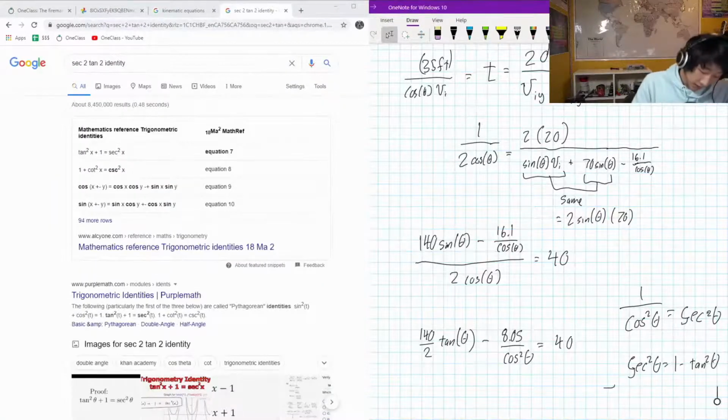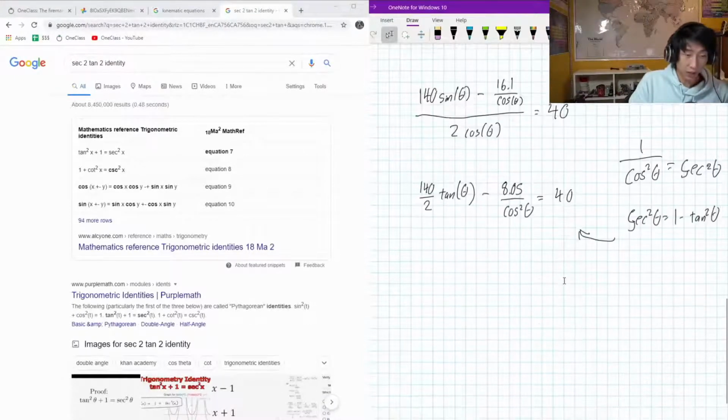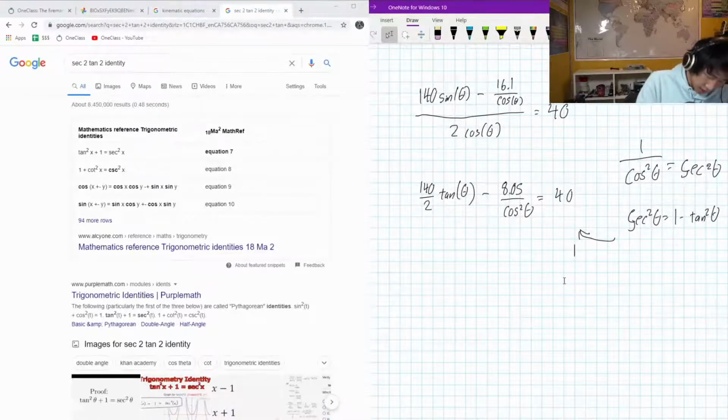Okay, so substituting this back into our equation, you can see that the cos squared on the downstairs will become the secant. So this will become 140 divided by 2, that is equal to 70 times tan theta minus 8.05.